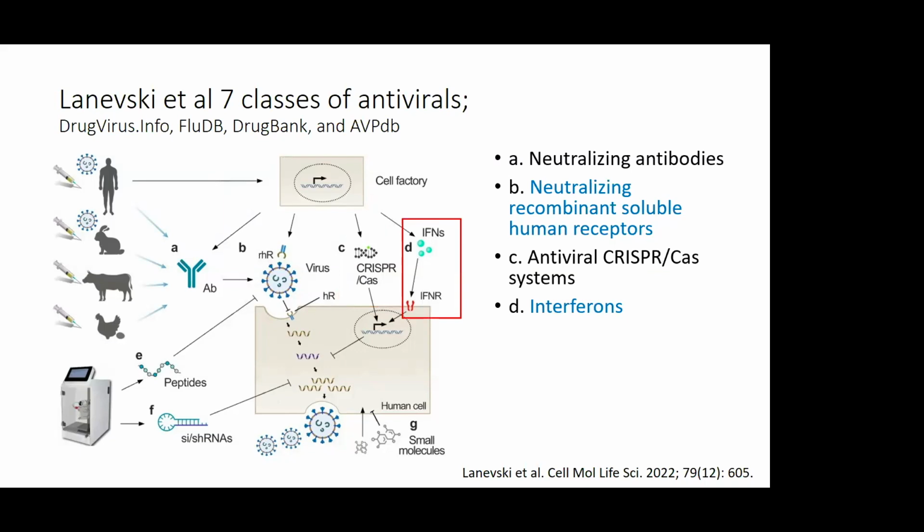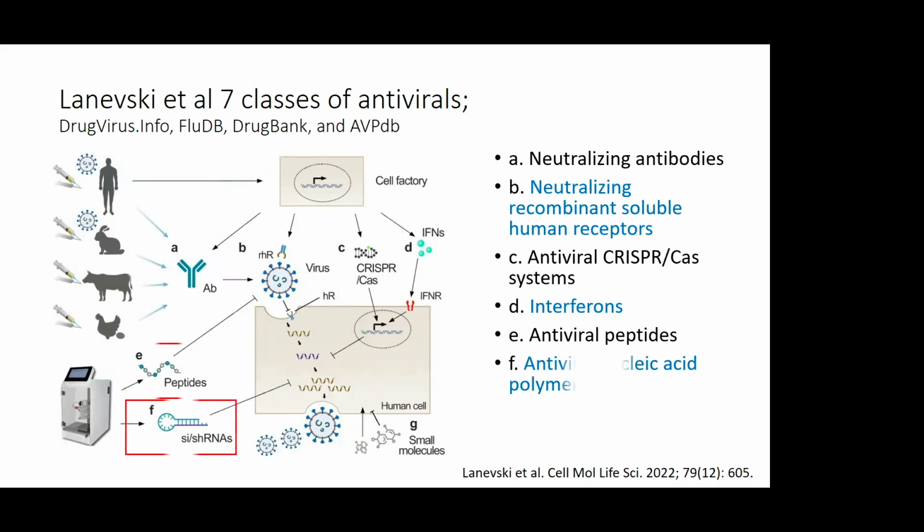Interferons, all of us know about interferons and how they're effective in many viral diseases, because they are actually antiviral natural products. Peptides, on the other hand, or antiviral peptides, are also coming strong, and we've got a few approved peptides now as antivirals. And the one before last is the antiviral nucleic acid polymers. Many polymers have antiviral activities, but the nucleic acid polymers, specifically like the siRNAs, are powerful, and there are some products that are advanced in trials.